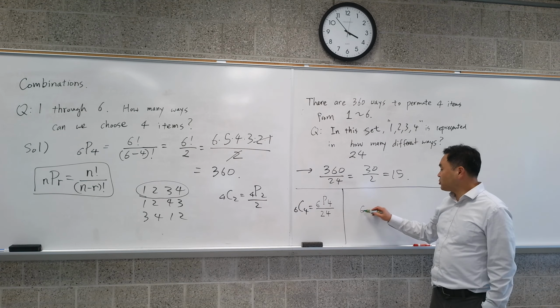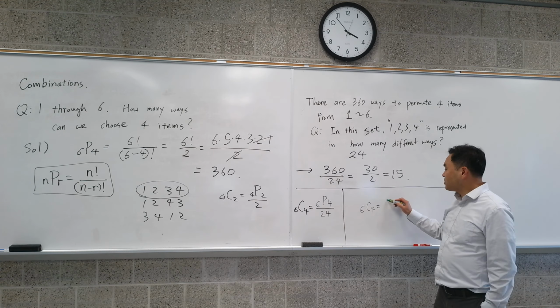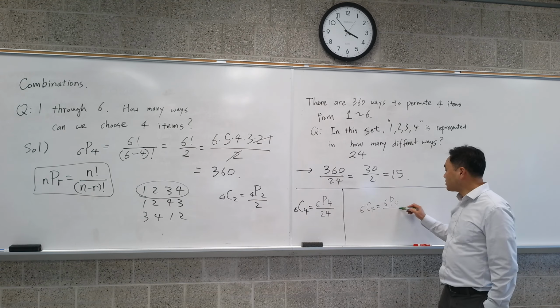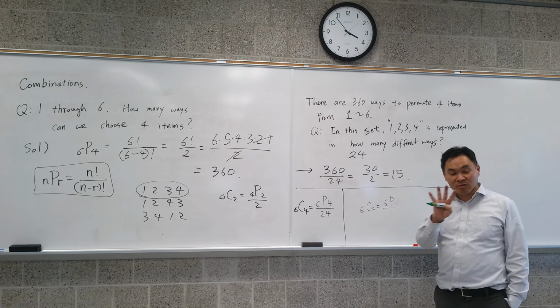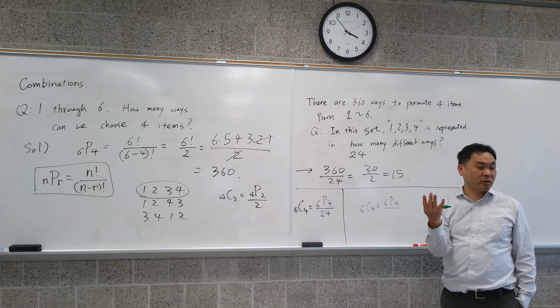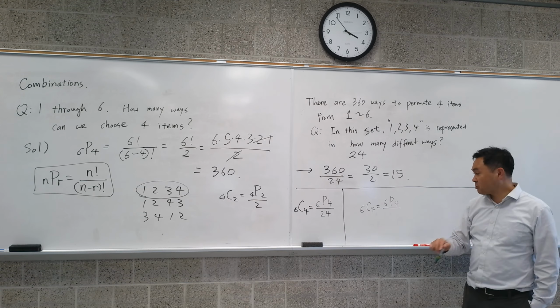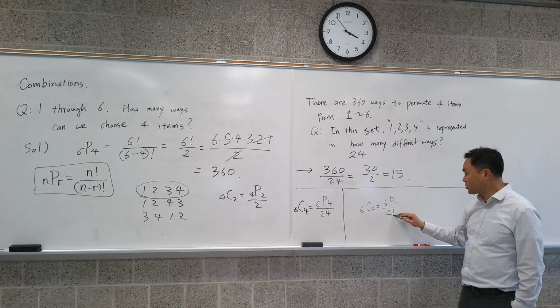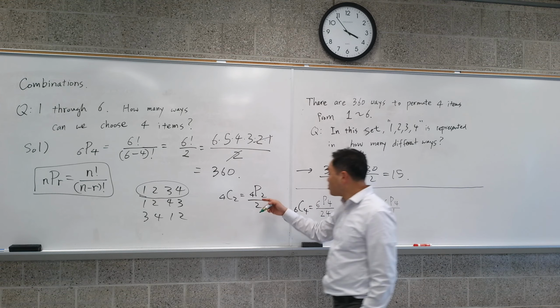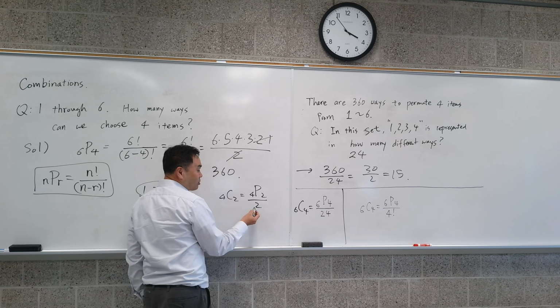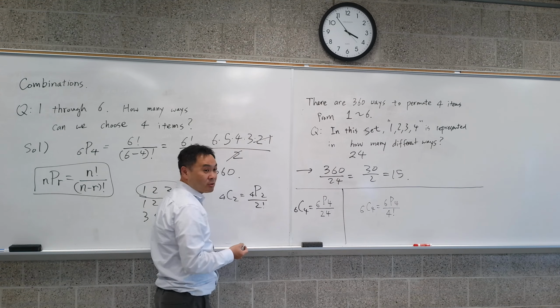So both seem to be giving us a similar way to solve, which is that if you do 6 choose 4, then you're doing 6 permute 4, but then you have 4 items, and the number of ways that you can permute 4 is 4 factorial, isn't that right? The number of ways that you can permute 4 items is 4 factorial, so you're dividing by 4 factorial. Here, if you choose 2 items, then the number of ways that you can permute 2 items is 2 factorial.